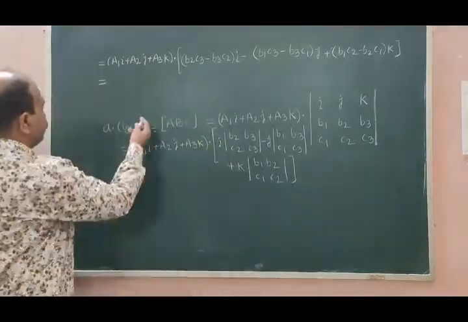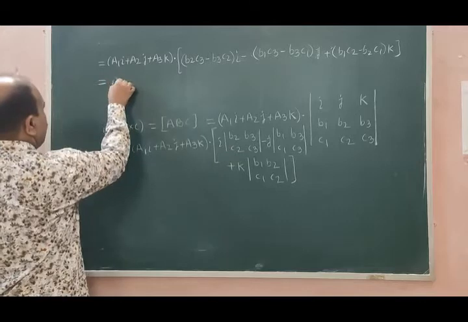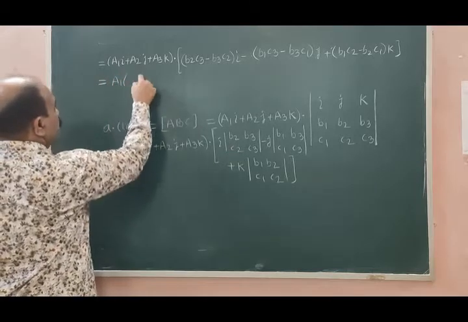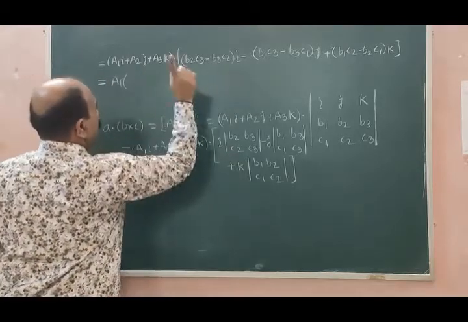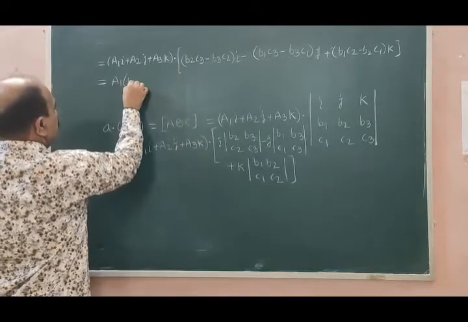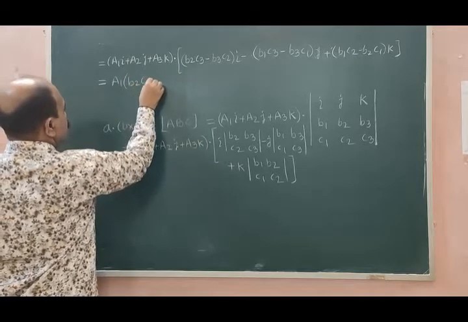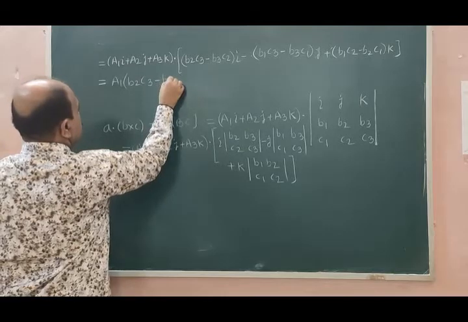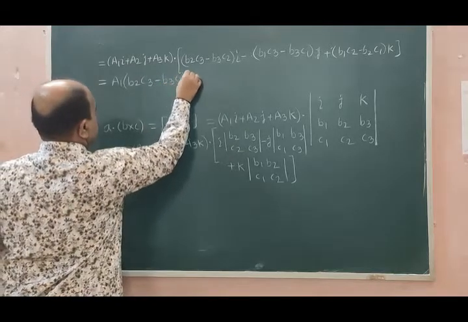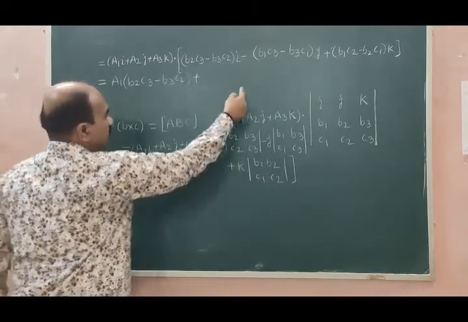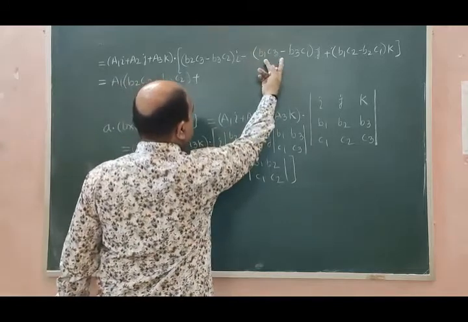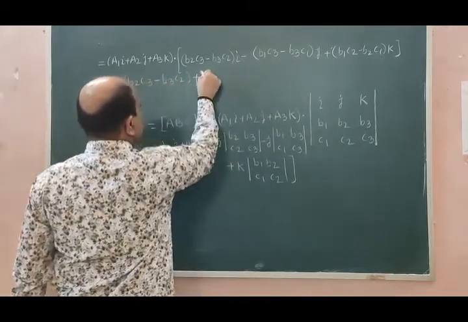And that will be A1 into I dot I1. So, this one only: B2 C3 minus B3 C2. Take minus common and interchange these 2 terms.